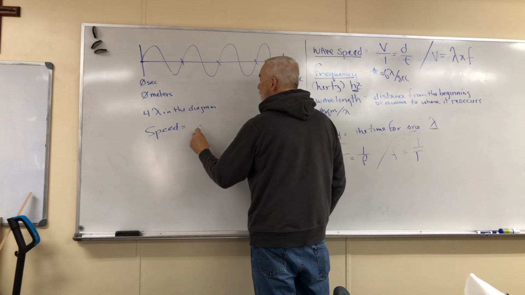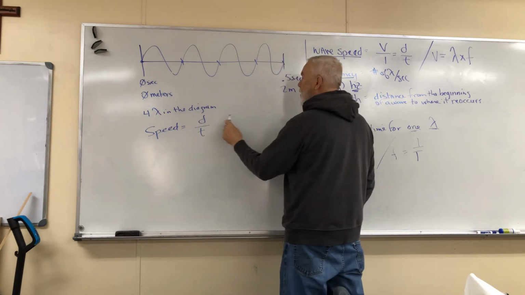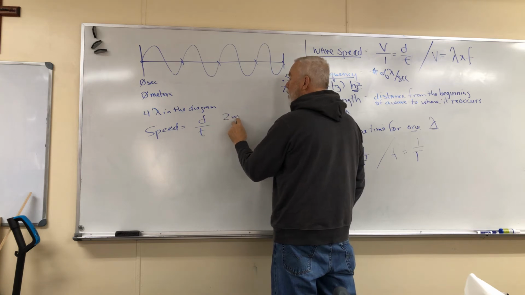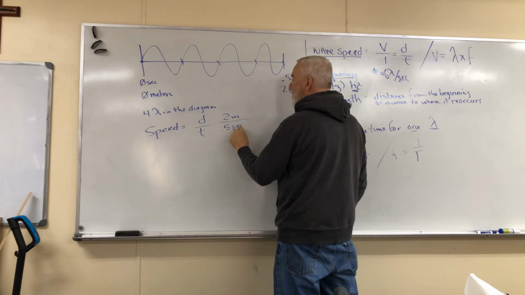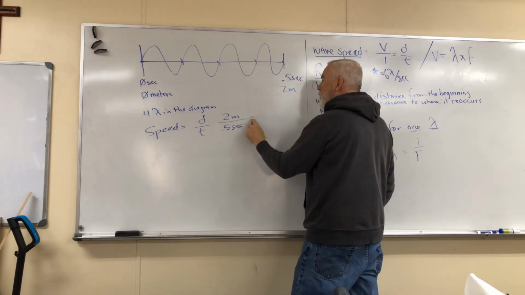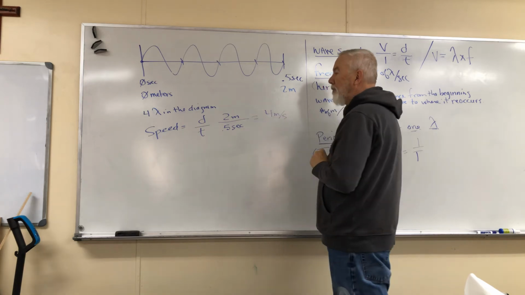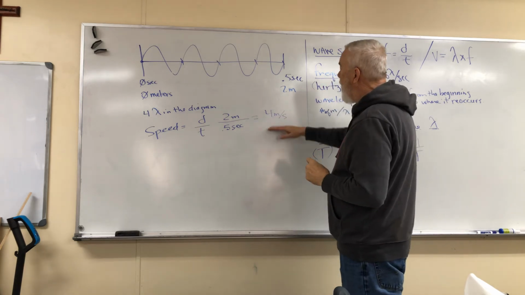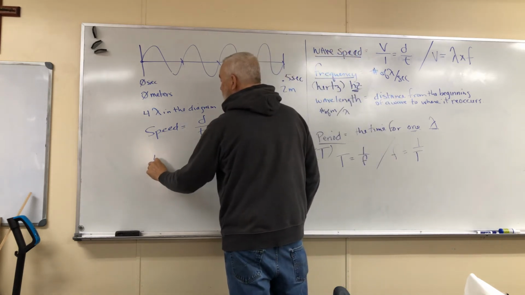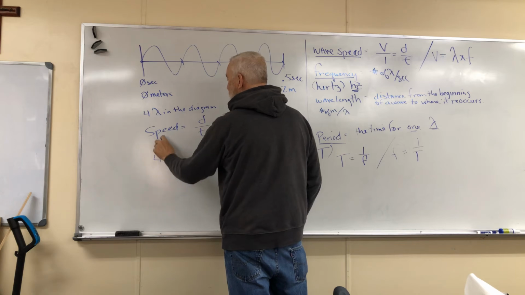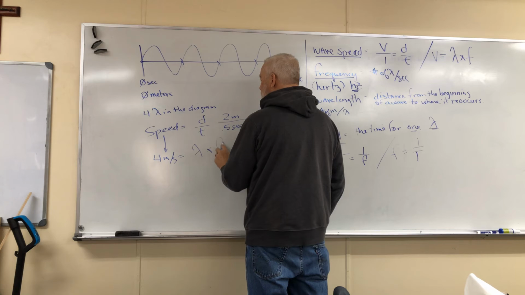So the speed is equal to the distance divided by the time, and the distance was 2 meters, and the time was 0.5 seconds, so the speed of the wave is going to be 4 meters per second. Now, if we know that value is 4 meters per second, then that speed is also equal to the wavelength times the frequency.